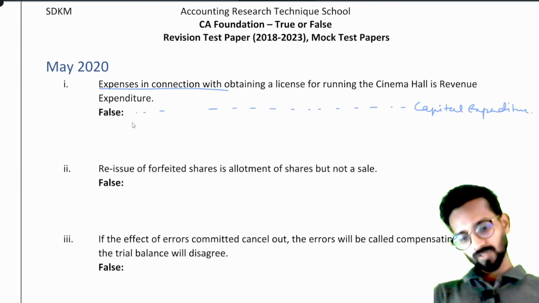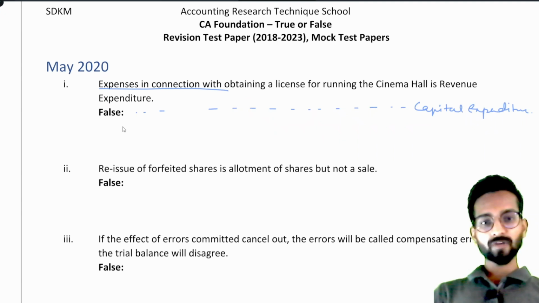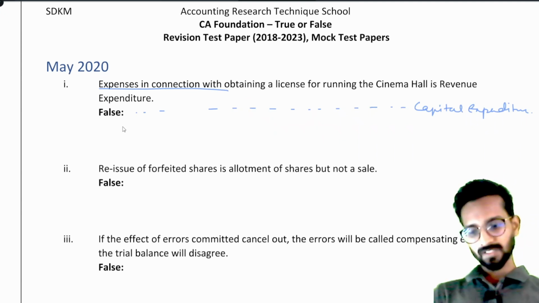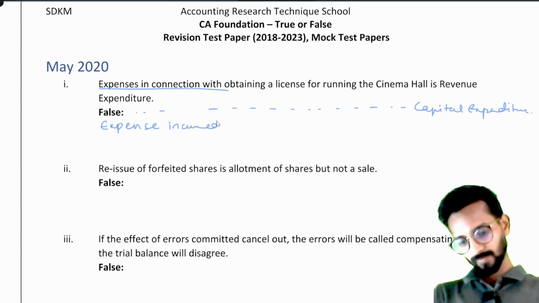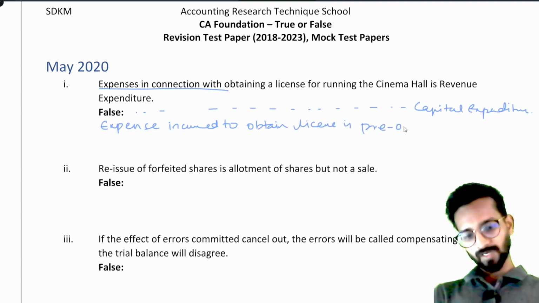Because the cinema hall cannot be started without a license, so license payment becomes the compulsory payment, and therefore you can say expense incurred to obtain license is compulsory, or you can say pre-operative expense.